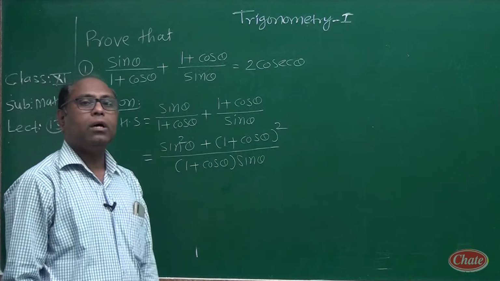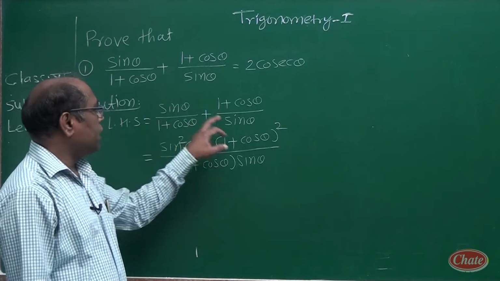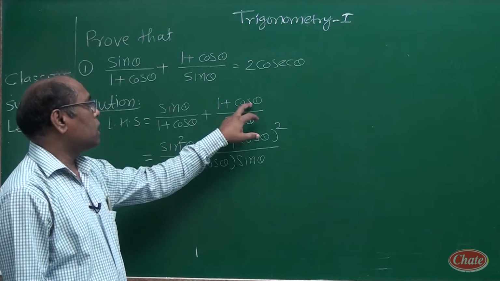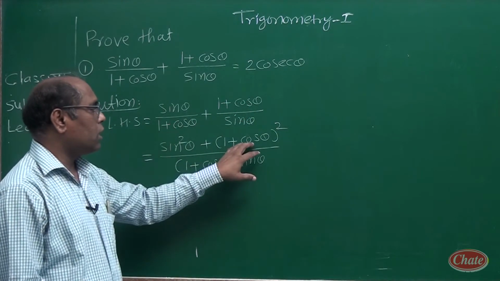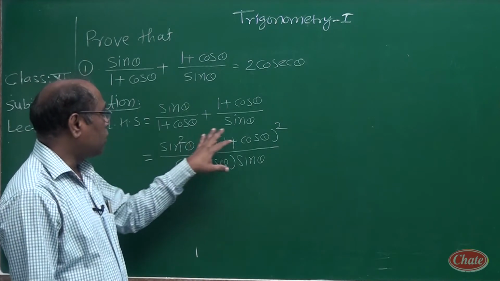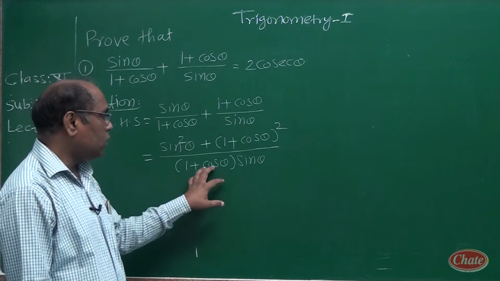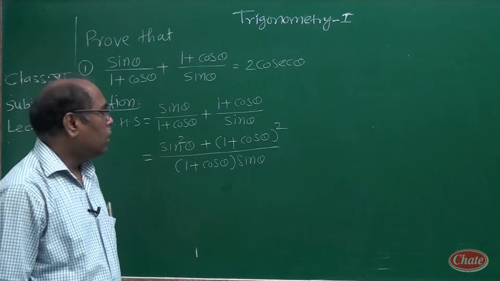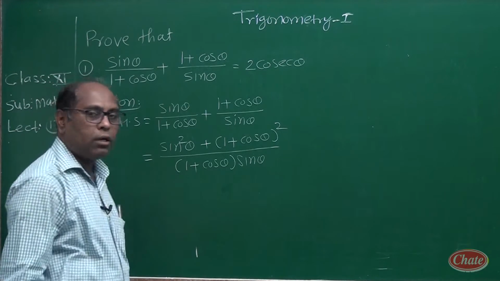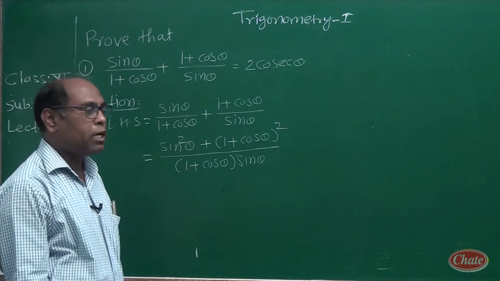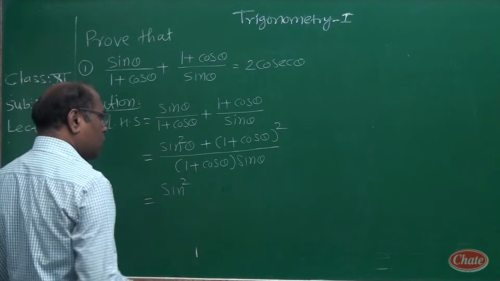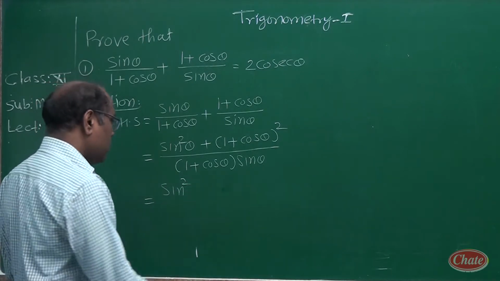For taking the cross multiplication, sin theta into sin theta, sin square theta, plus 1 plus cos theta into 1 plus cos theta, that is 1 plus cos theta bracket square, divided by the product of the denominators, 1 plus cos theta into sin theta. Now in the numerator, take the expansion of the bracket 1 plus cos theta square, using the formula a plus b bracket square, a square plus 2ab plus b square.